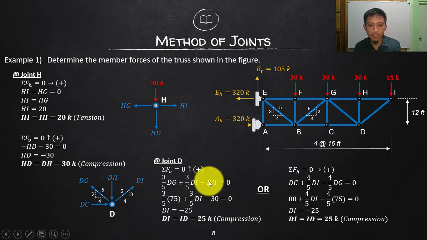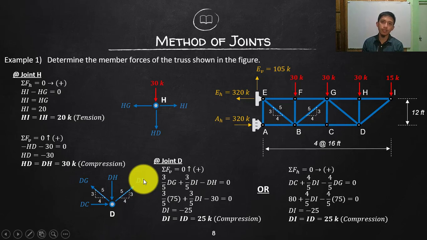Actually, I can finish that one by maybe using vertical or horizontal, but I'd rather show you both. This is one way of checking. If you will use these two solutions and you will end up with the same value of DI, then you are pretty sure, you are having additional confidence that your previous answers are correct, because whatever we are solving right now is being affected by our previous answers. So if we try to prove right now and that is not being proved, that means we made a mistake with the previous solutions.